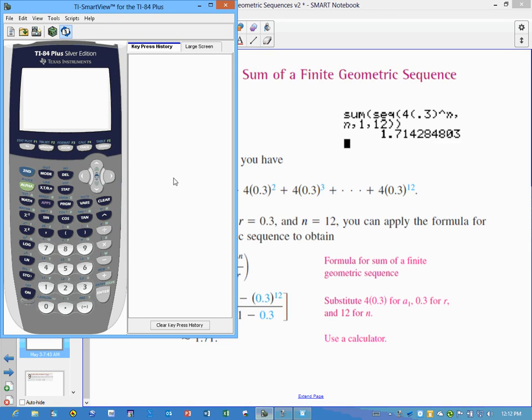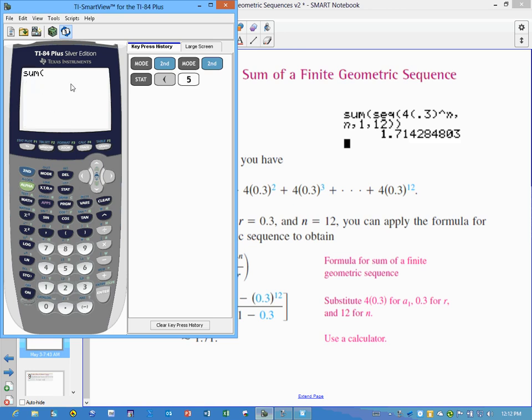I'll just put it up there for reference. First of all, in my mode, I want to make sure I'm in sequential mode. And then on my home screen, I want to go 2nd STAT, which gives me the list. I want to go over to MATH and choose number 5, which is the sum.